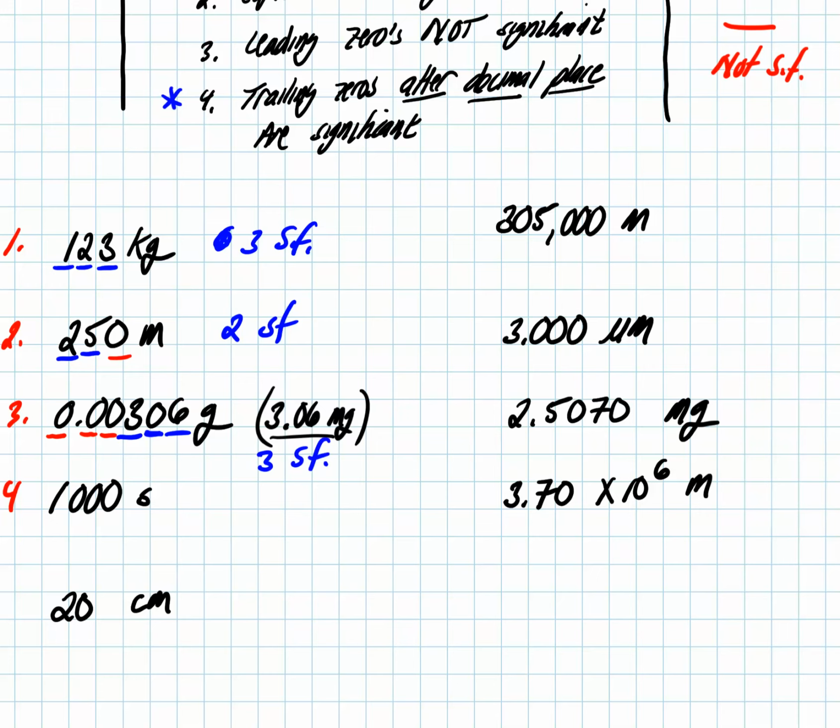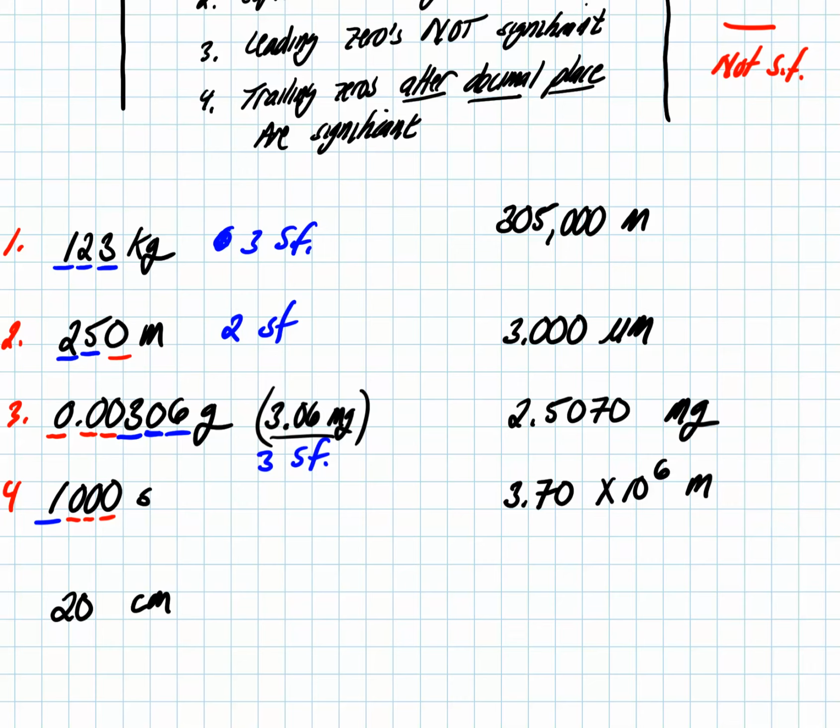Number 4, the non-zero 1 is significant because it's not a 0. What about these trailing zeros? The 0, 0, 0, those are not significant. So remember, trailing zeros are not significant unless they come after the decimal point.